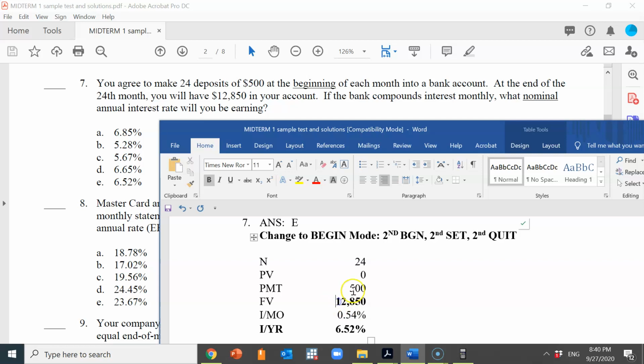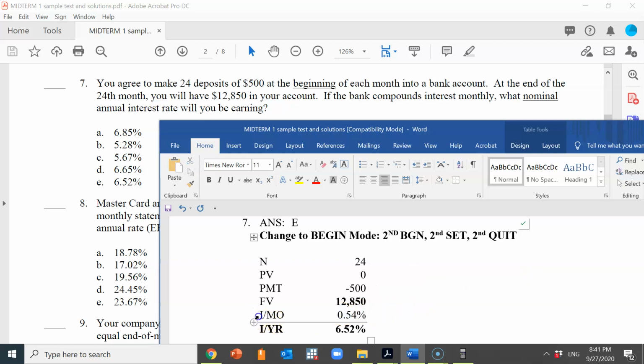Okay, but remember, the 500 payments are something you're depositing for 24 months. So this is cash outflow for you. Negative 500 should be payment. For this future value 12,850, that's something you're going to receive after 24 months. So we make it positive. These two have to be opposite numbers here because you are paying something over the 24 months and then getting something after 24 months.